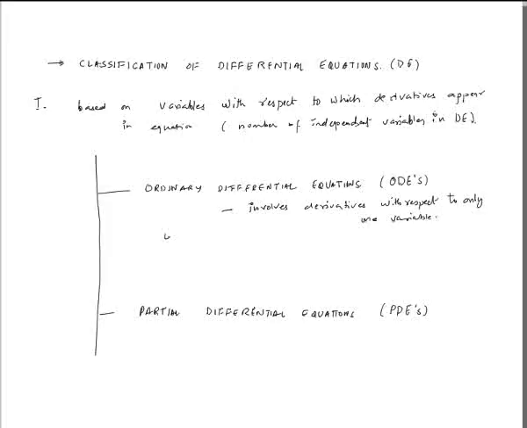Let me give you a couple of examples. Here you see you have derivatives with respect to only one variable. The derivatives are with respect to x. That's why this becomes an ordinary differential equation.